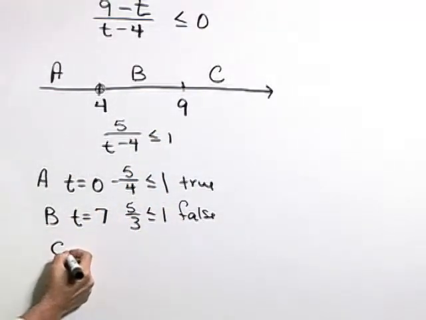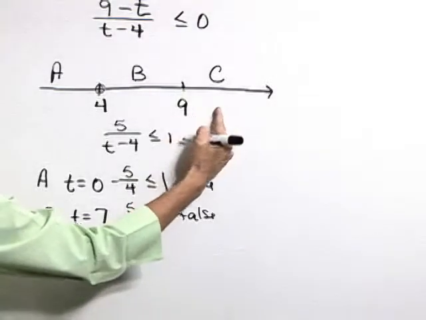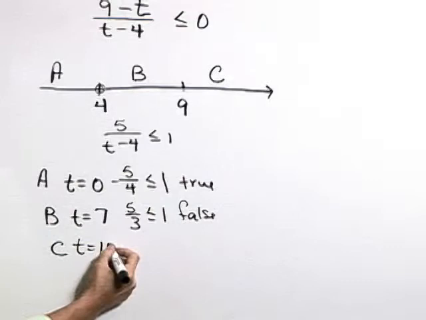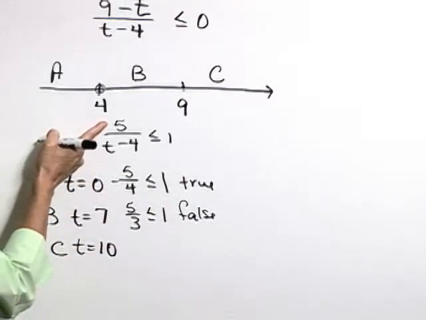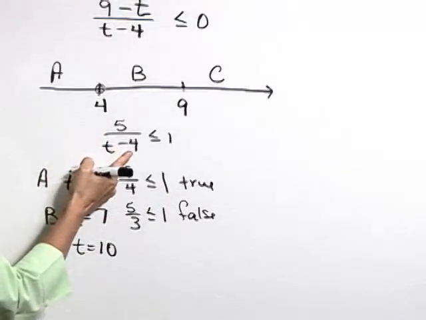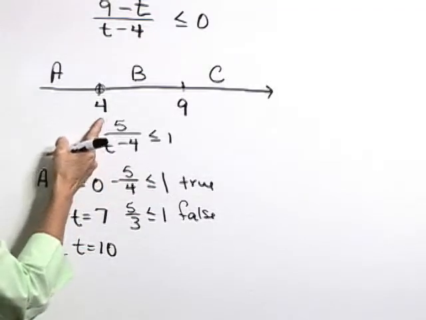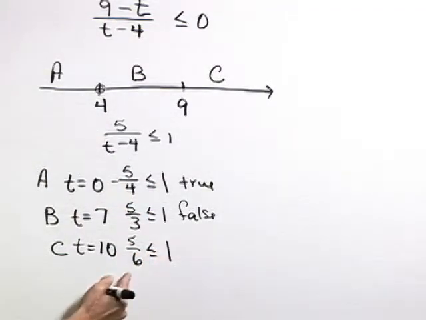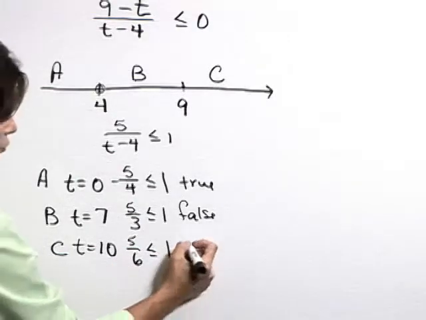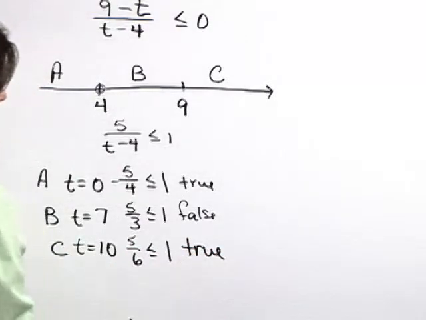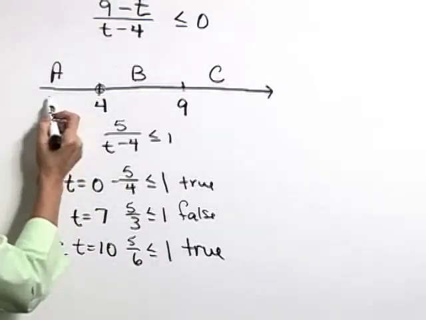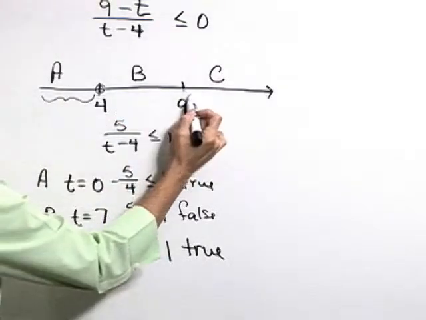Lastly, from interval C over there, let's choose a number that's larger than 9. How about t equal 10? Is 5 over 10 minus 4, that's 5/6, less than or equal to 1? Yes, that is true.